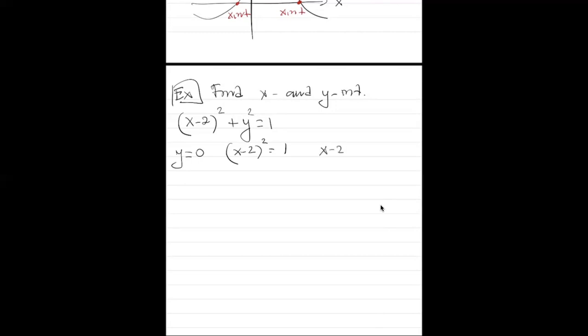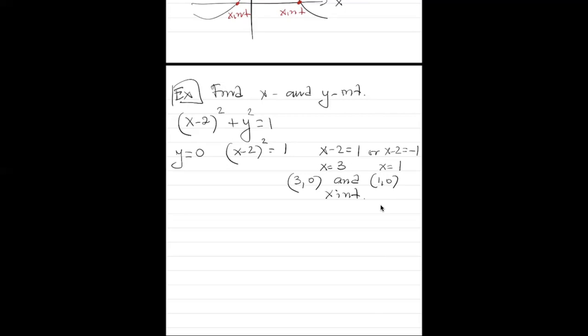We square root both sides, plus minus: x minus 2 equals 1, or x minus 2 equals negative 1. So x equals 3 from here, and x equals 1. So these are the x-intercepts. We normally write them as pairs. So 3, 0, and 1, 0 are our two x-intercepts.